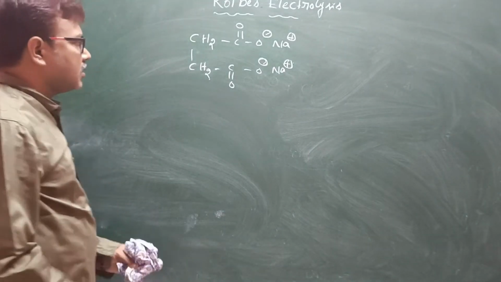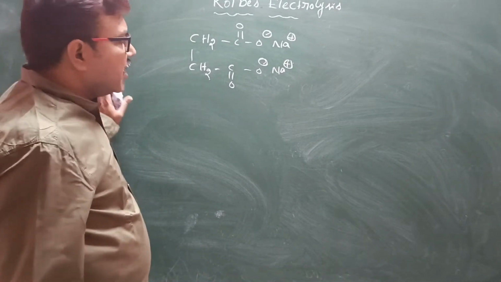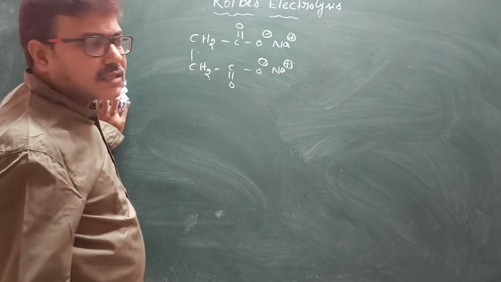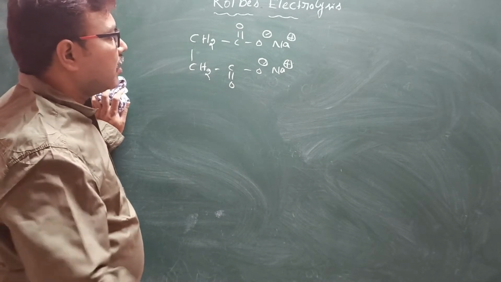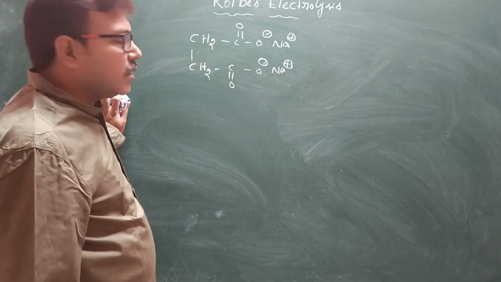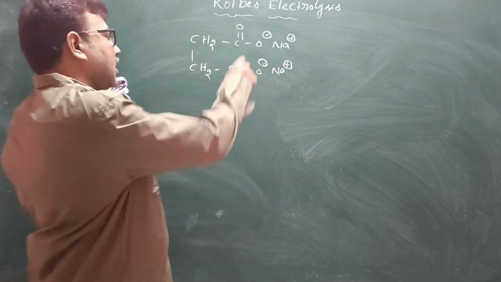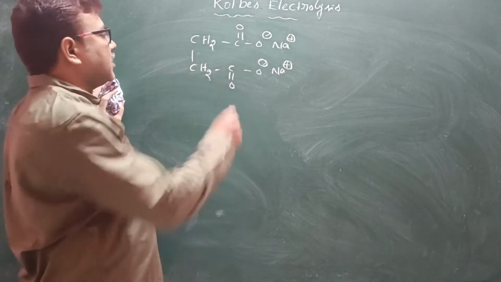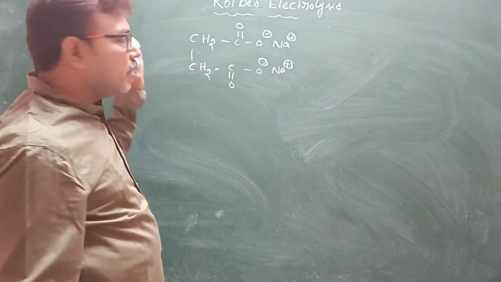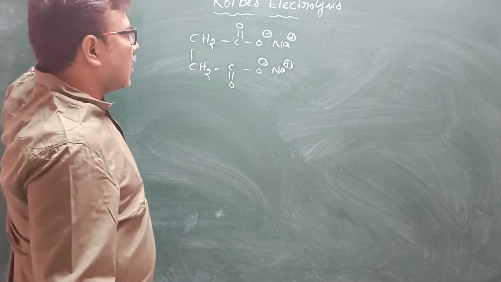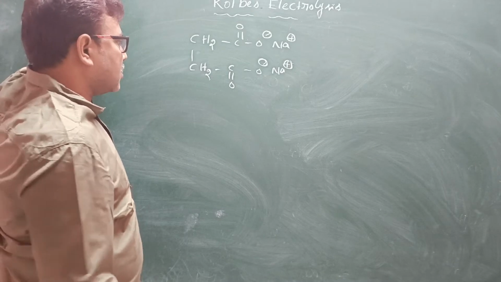In the previous case, the reaction takes place in the presence of 2 moles, so it is called intermolecular Kolbe's electrolysis. Here the reaction takes place within the molecule, so it is called intramolecular Kolbe's electrolysis.